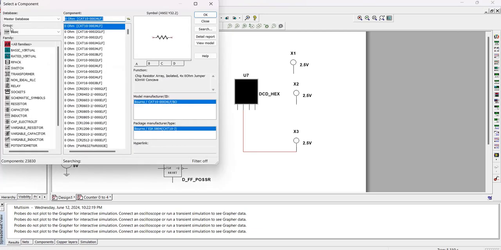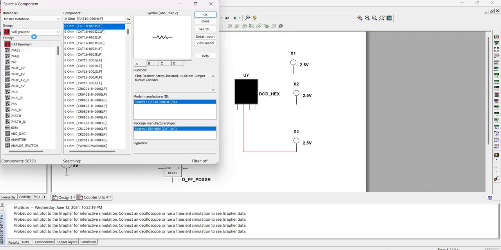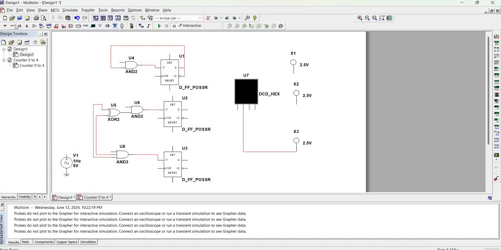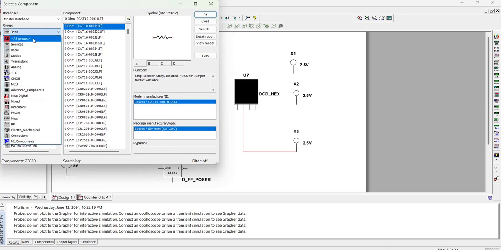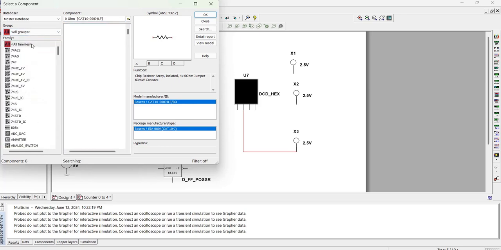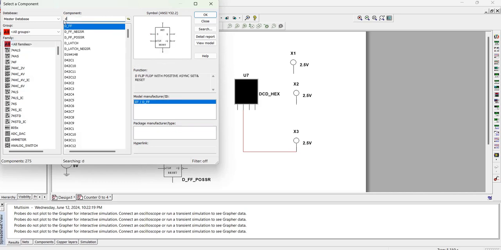If, for example, I want a D flip-flop, I press components on this bar. When I reach here, I look at all groups and all families. I put D flip in my search.